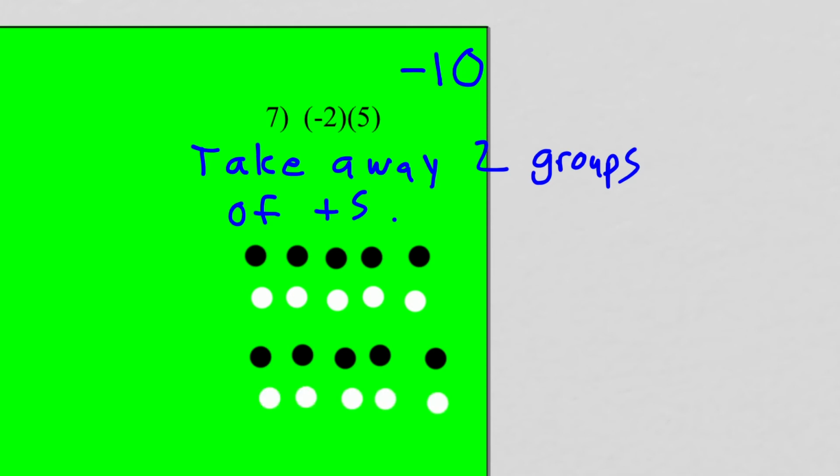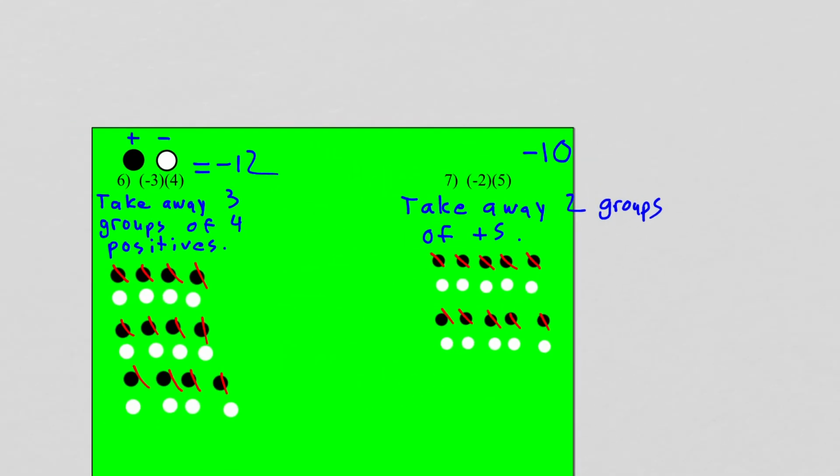And now I still have 0 on my page, but now I can take away 2 groups of positive 5. So take them away. And you can see I have 10 white left, and 10 white equals negative 10. So a negative times a positive is a negative.